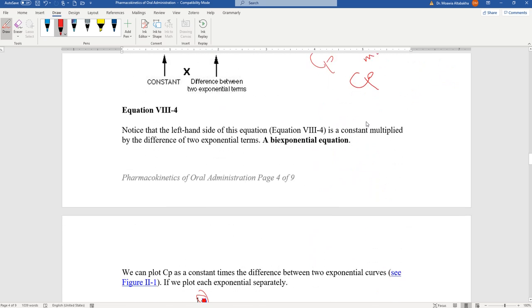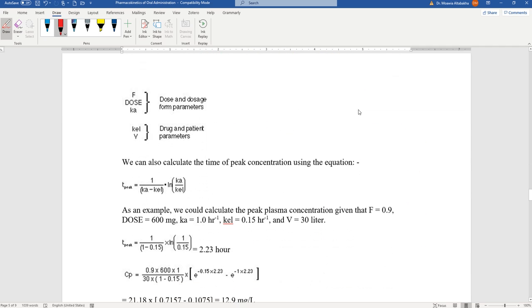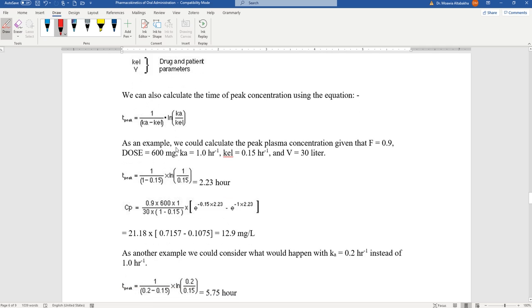Okay, so let's first look at the following example. Of course, we talked about these things.